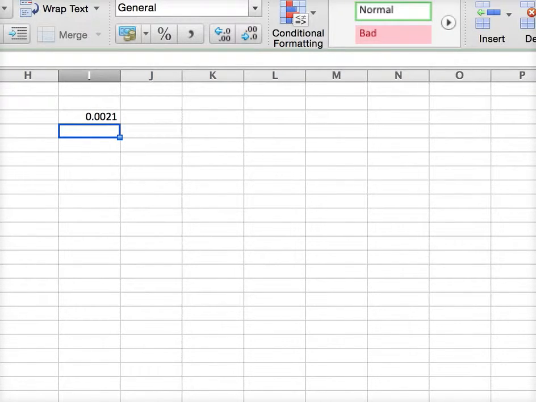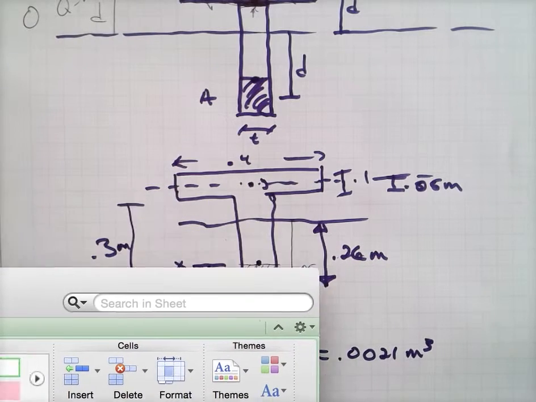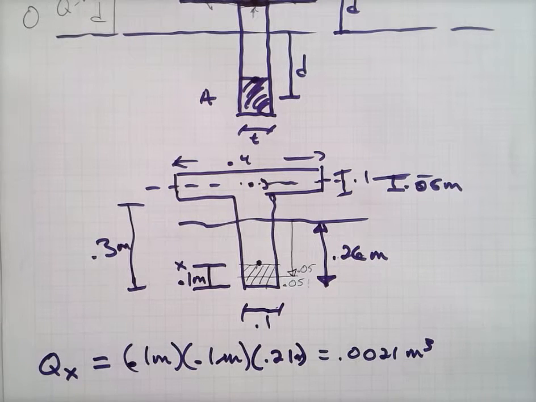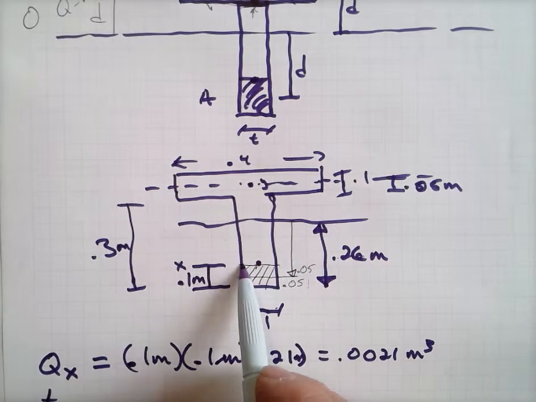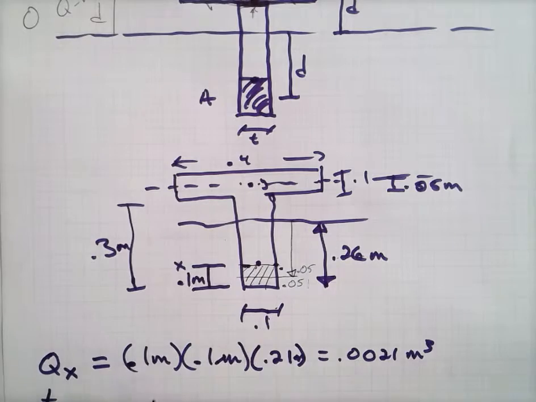Probably could have done that in my head. 0.0021 meters cubed. Then we're also going to need T at point X, and T is the base dimension, and that is 0.1.